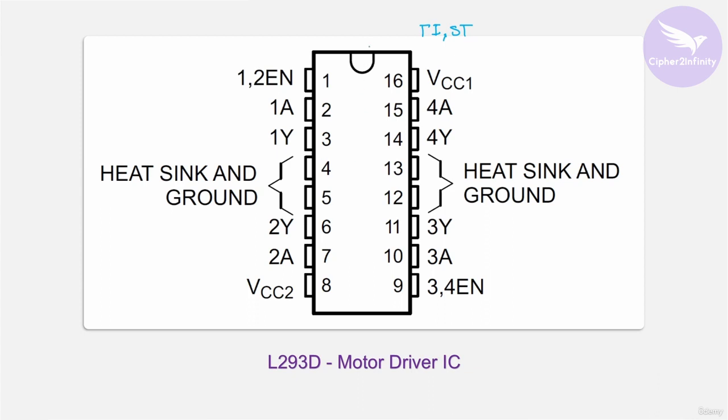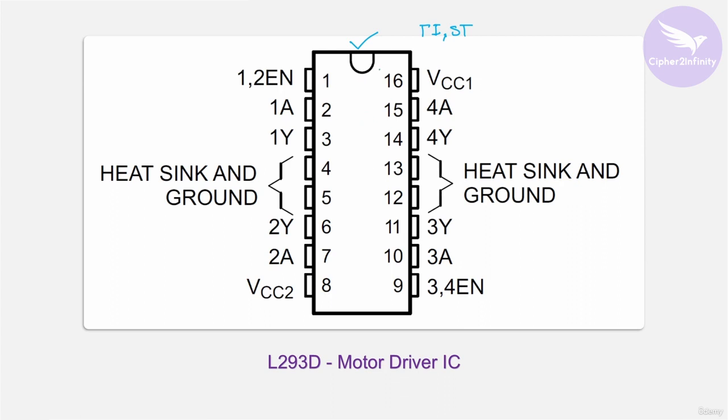Although this particular IC was invented around 15 to 20 years back, even today this IC is very popular when it comes to motor driving related applications. And that's the reason I have used this IC in our design. Because if anyone has to get started with motor control related applications, then he should start with this IC.